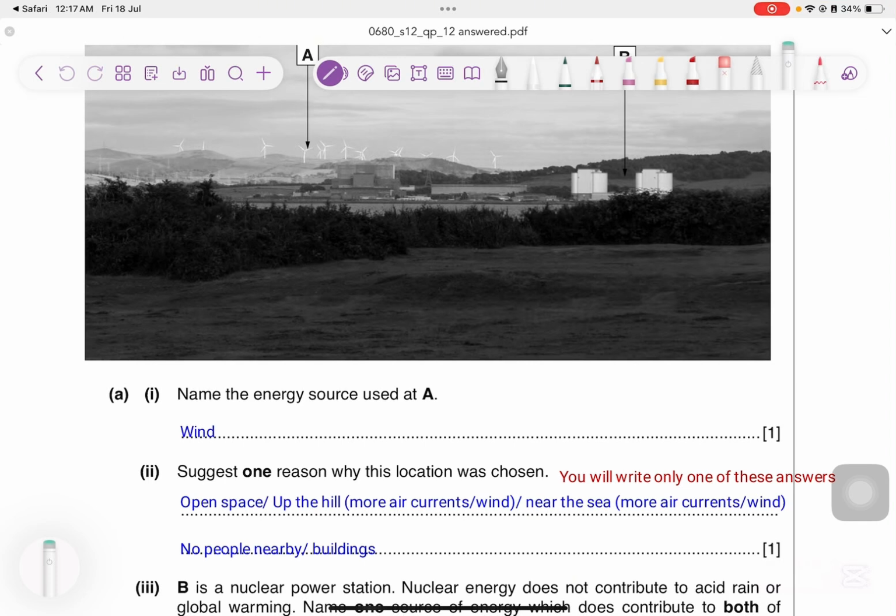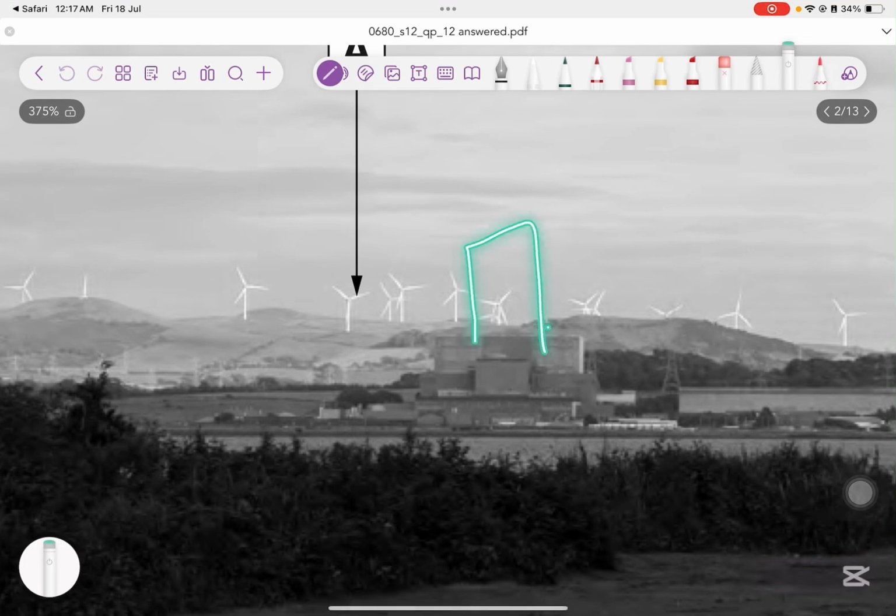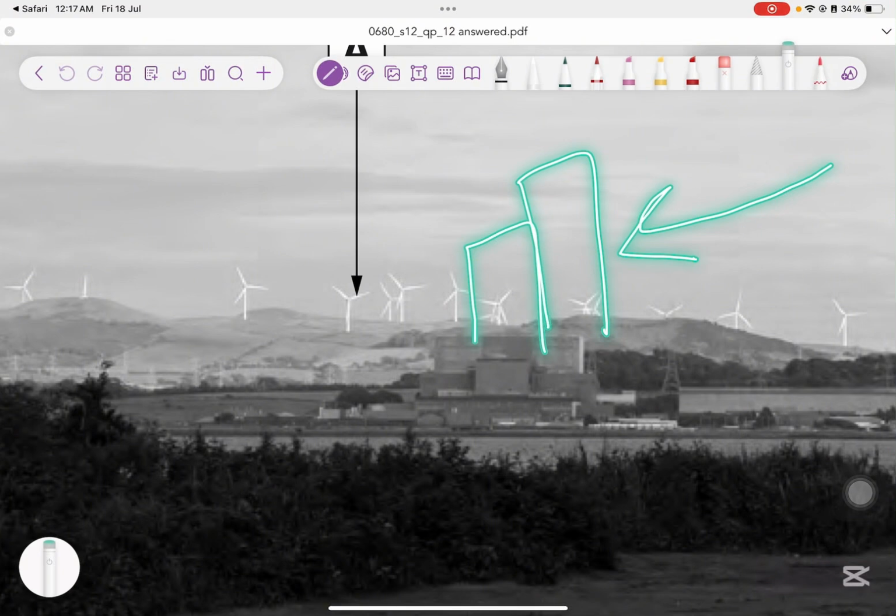We spoke about that. It should not be nearby any buildings or people. Okay, we got the point about pollution, but why buildings? Why shouldn't there be a lot of buildings, even if it's just factories around? Because obstruction happens. What do I mean by that? When buildings are present, if the wind is blowing from east to west, it's going to be blocked by the building, and the wind turbines are not going to receive as much wind.